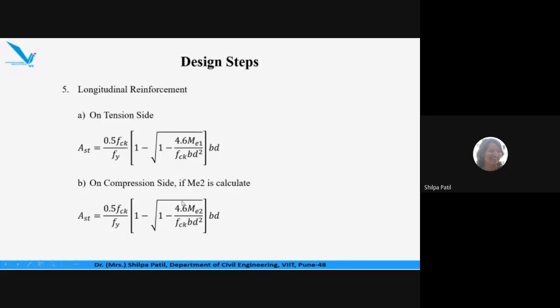Me2 will be there only if Mt is greater than Mu. If Mt is less than Mu, then you need to show this calculation only. There is no need to provide steel on the compression side. But if there is Me2, then we need to calculate the area of steel on the compression side, which is based on the Me2 moment. Is it clear up to this step, everybody?